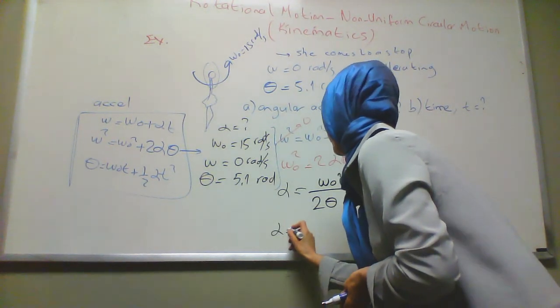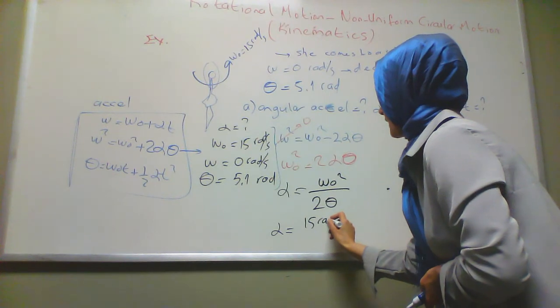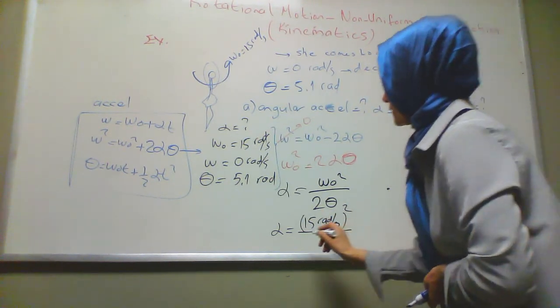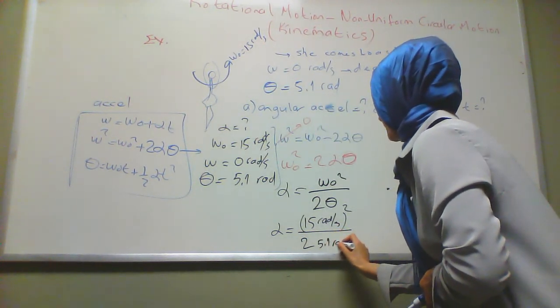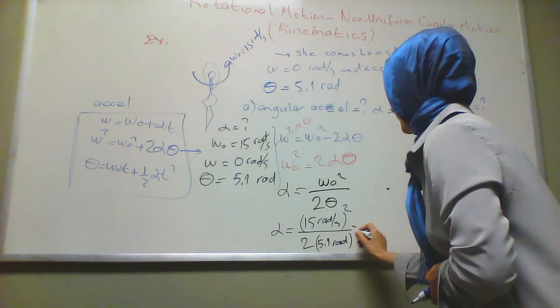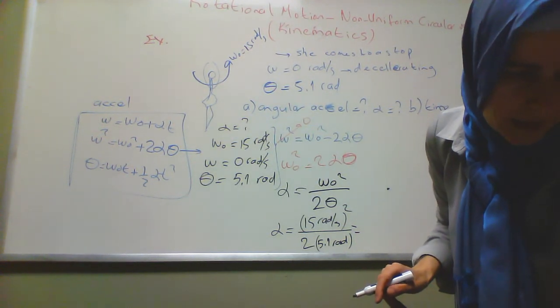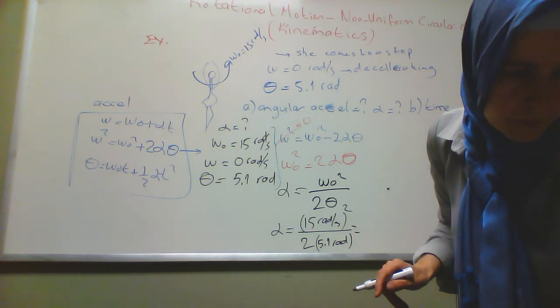So alpha will be equal to initial omega, 15 rad per second, squared, divided by 2 times theta, 5.1 rad. And the answer should be, let me see what I have here. Please check my answer again. It will be good practice for you.